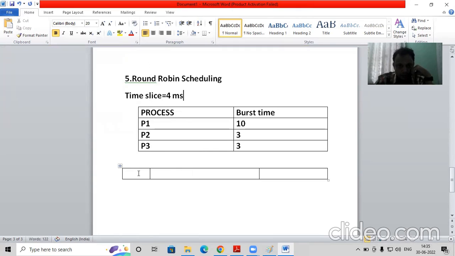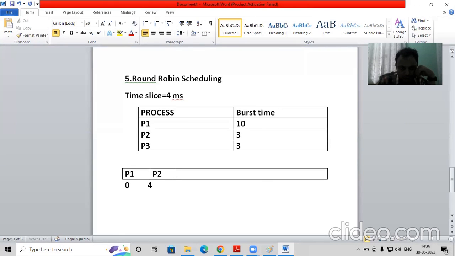Now the P1 process has a burst time of 10. So P1 will get time for 4 milliseconds. After that, it will be stopped. The remaining time is 10 minus 4, that is 6 milliseconds, but it will be stopped. P2 will come, and P2 needs only 3 milliseconds, which is within 4 milliseconds.